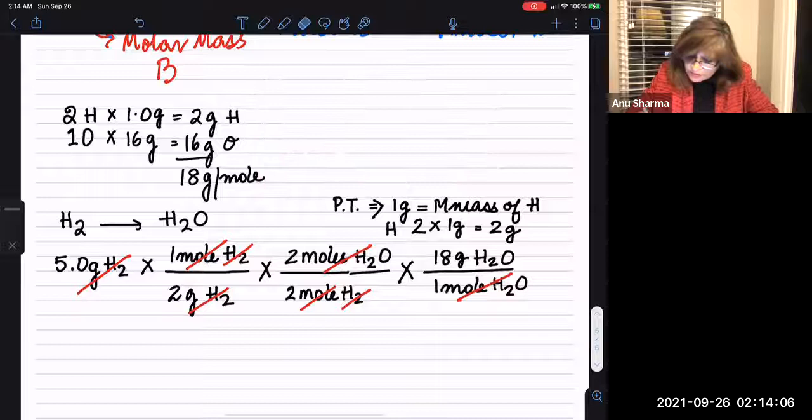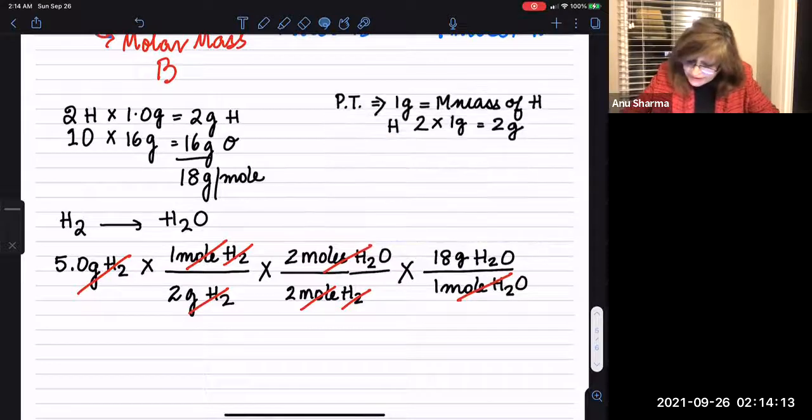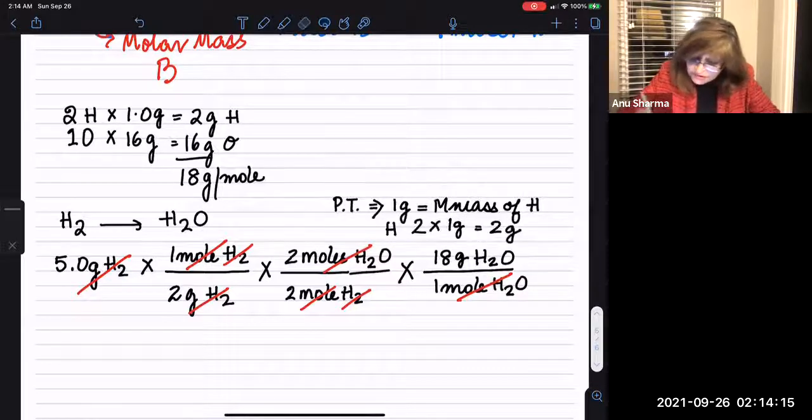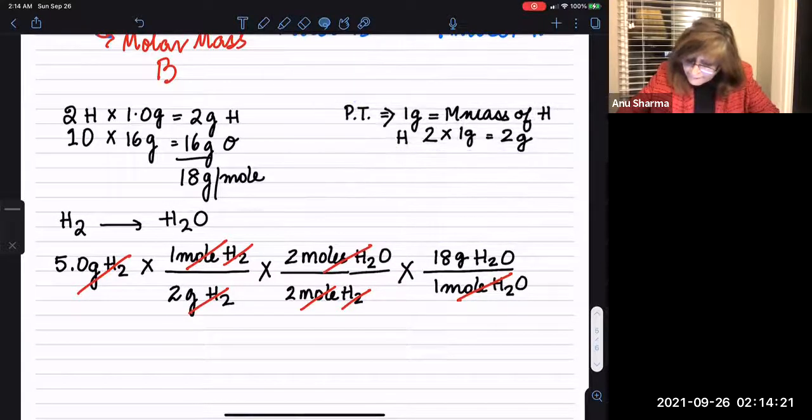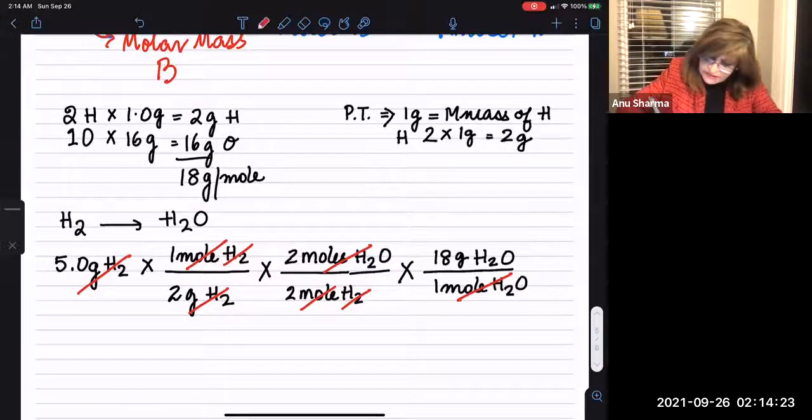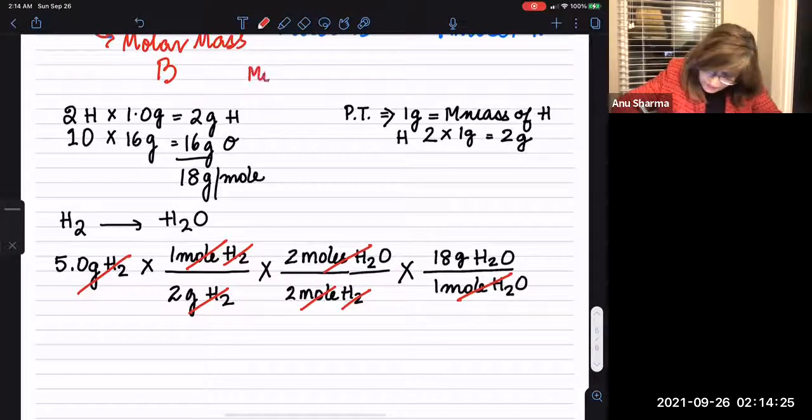So we have the molar mass calculations ahead. Always do that on the side, even if you may or may not need it, you should always have that piece of information. Here, I'm going to write molar mass calculations.